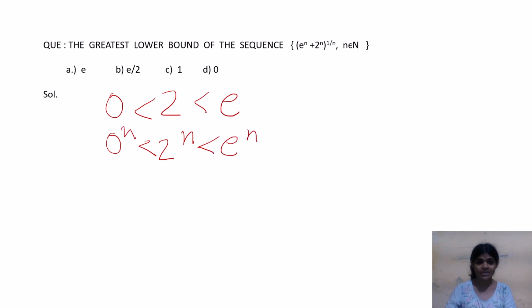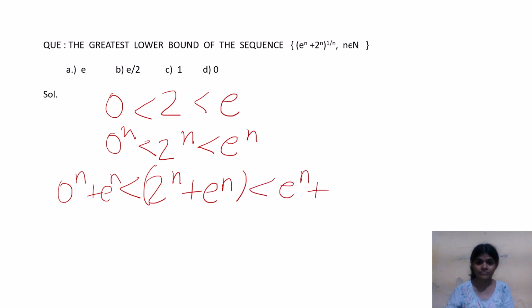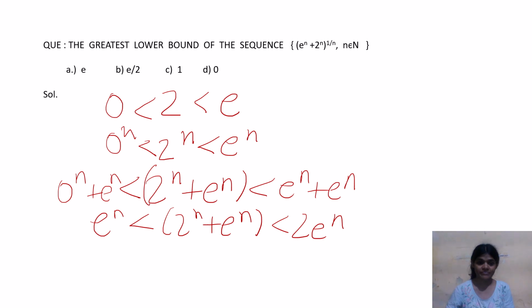Now we will add e^n on both the sides. 2^n plus e^n. Now we'll add them. We will get e^n less than or equal to 2^n plus e^n less than or equal to 2e^n.